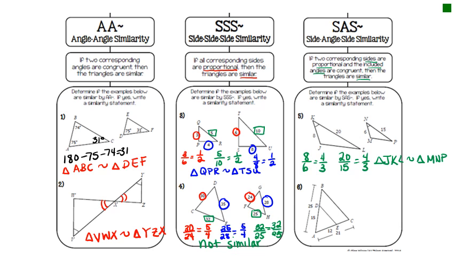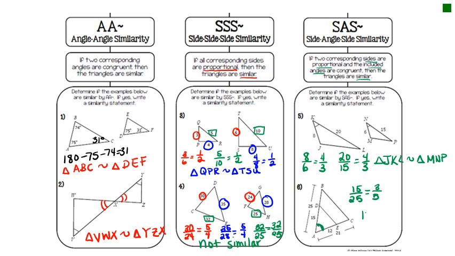So now we look at this final example. These two triangles share this angle. So we have an angle between two sides. Now let's see. 15 over 25. 15 is the short side, 25 is the long side. That reduces to 3/5.